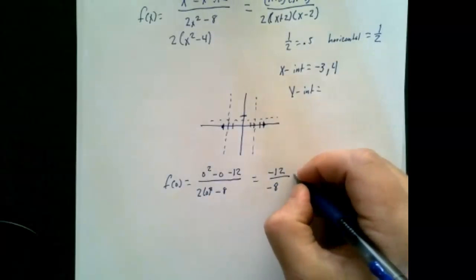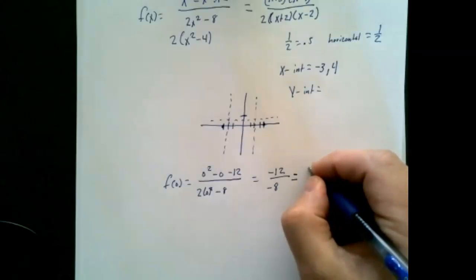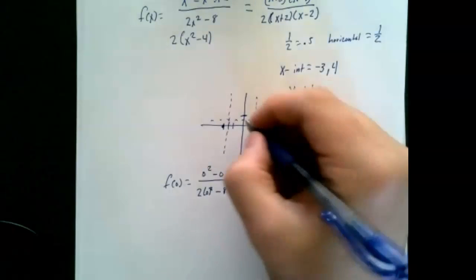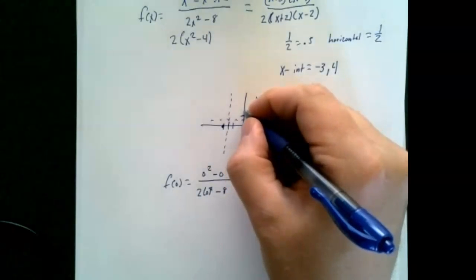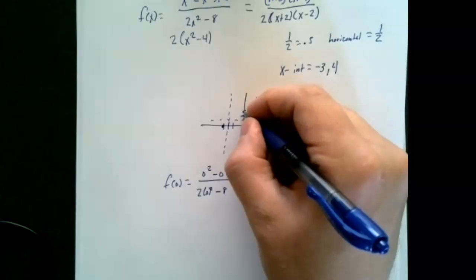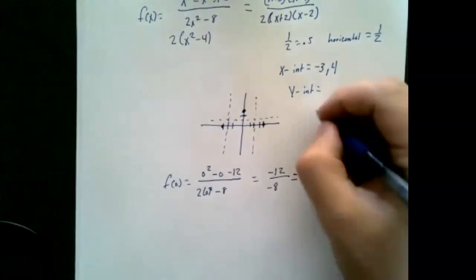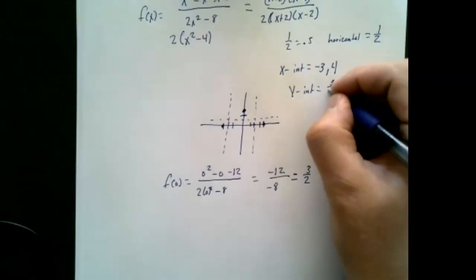So that is equal to a positive 3/2, which falls right about there. So our y-intercept is at 3/2.